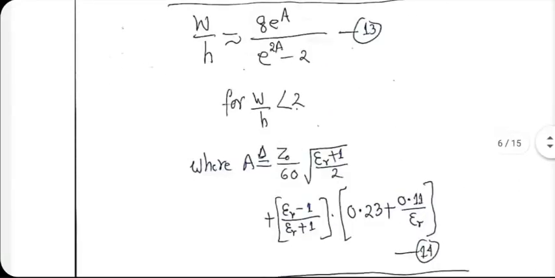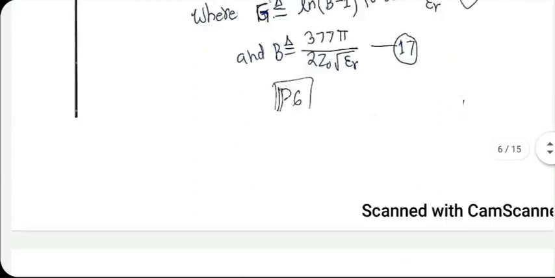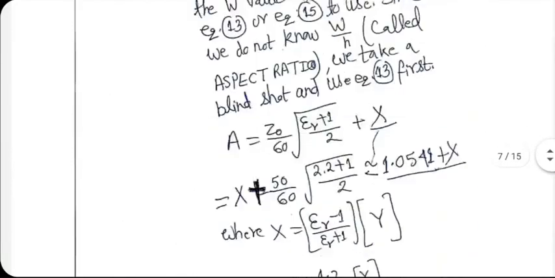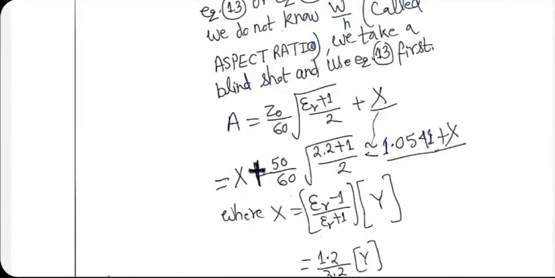If I want to use equation 13, first I need to figure out capital A. Z naught is given as 50 ohm, epsilon R is 2.2. You can put all these values in equation 14. Please check my calculations. I'm always afraid that I may have made a mistake. I was about to make a mistake, but I corrected myself.